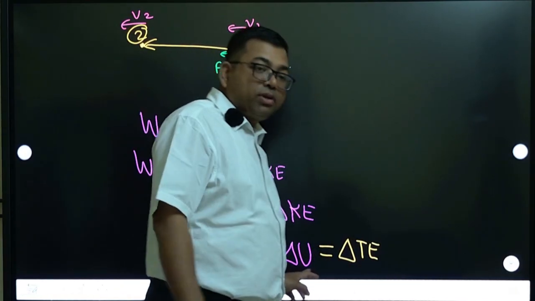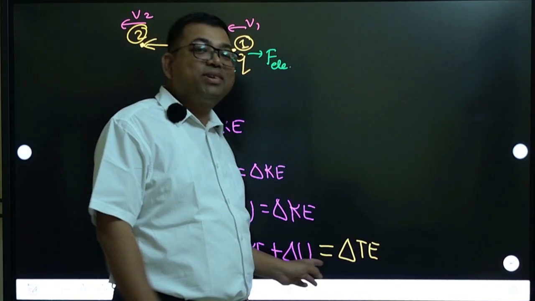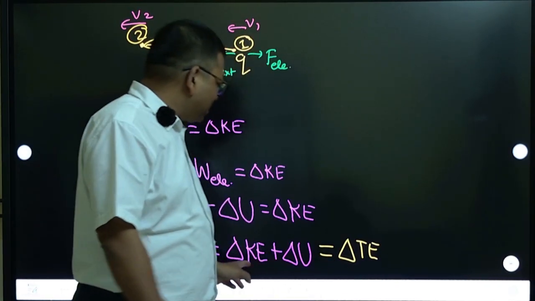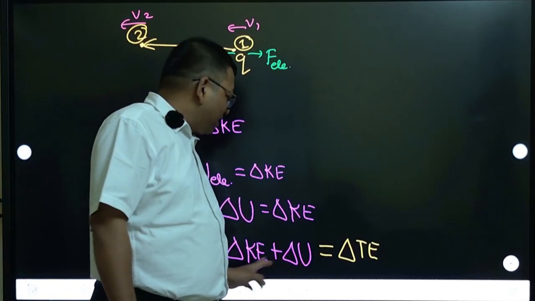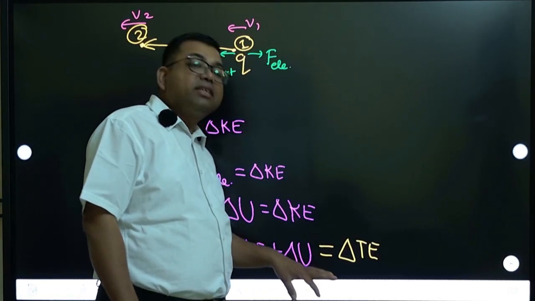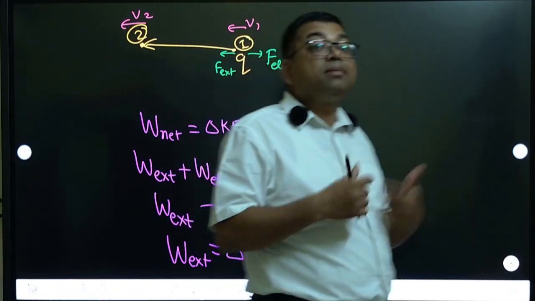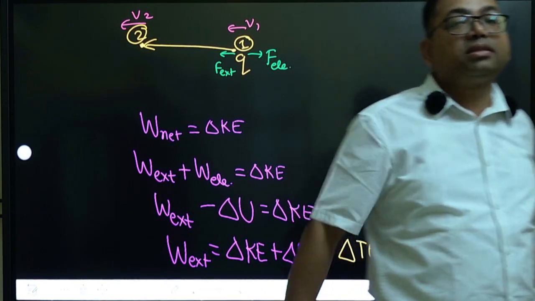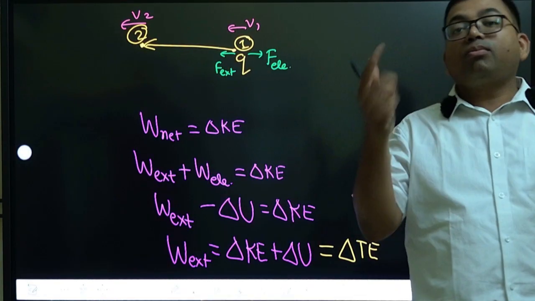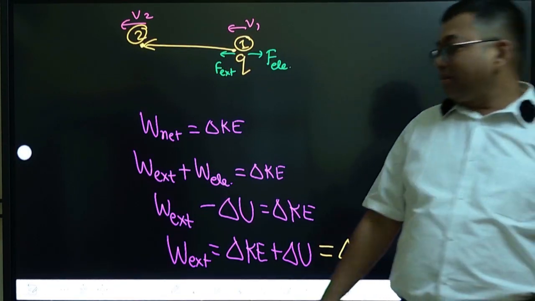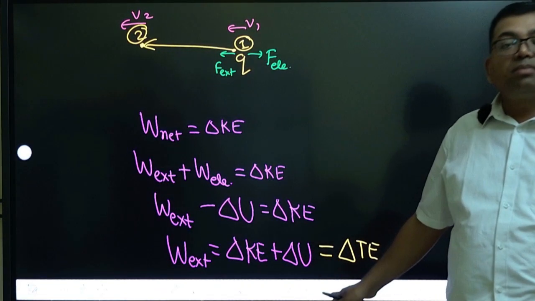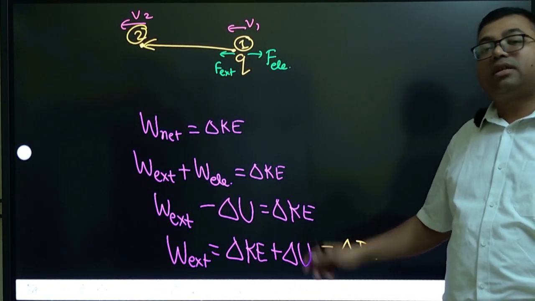Remember, this change of potential energy is not the gravitational potential energy, because if it were gravitational potential energy, then change of kinetic energy plus change of gravitational potential energy becomes change of mechanical energy. That is the conservation of mechanical energy. But here it is the electrostatic potential.